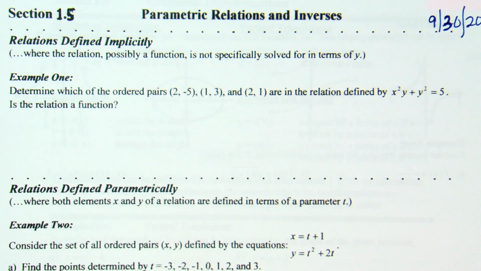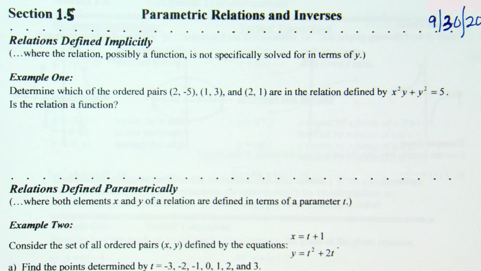Okay. So before we go into that, we'll talk about what it means for a relation to be defined parametrically here in a moment. But for the moment, we're going to talk about implicit. If we have an equation that is implicit, that's an equation that's not specifically solved and made y equals.